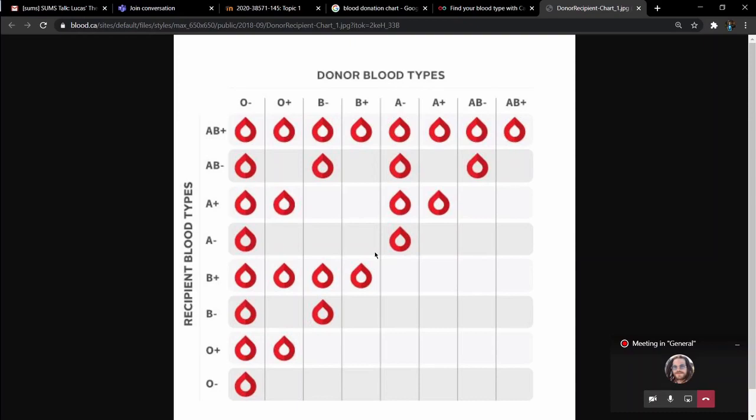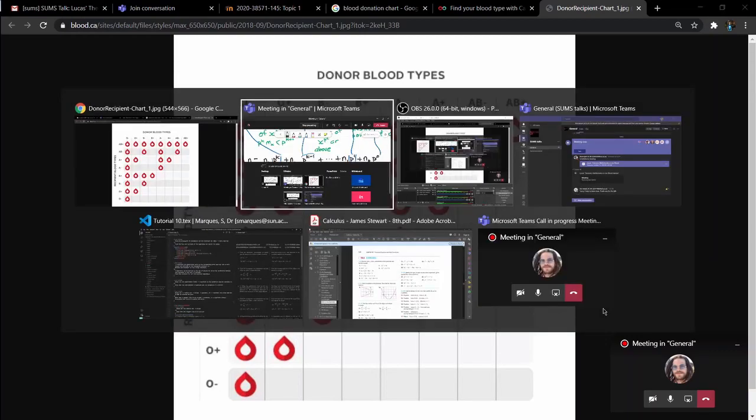Sad for me. Okay, so what does this have to do with Lucas's theorem? Well, it turns out that this particular chart of which type can donate to which other type can be phrased in terms of Lucas's theorem. Pity I can't take this chart with me, but I'm going to switch back to the whiteboard.